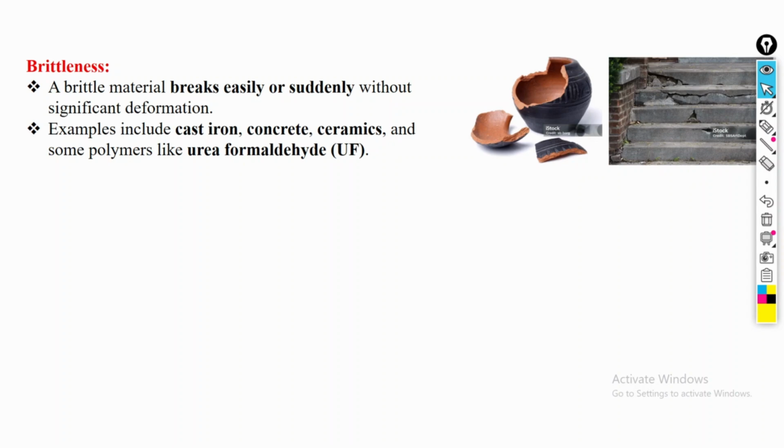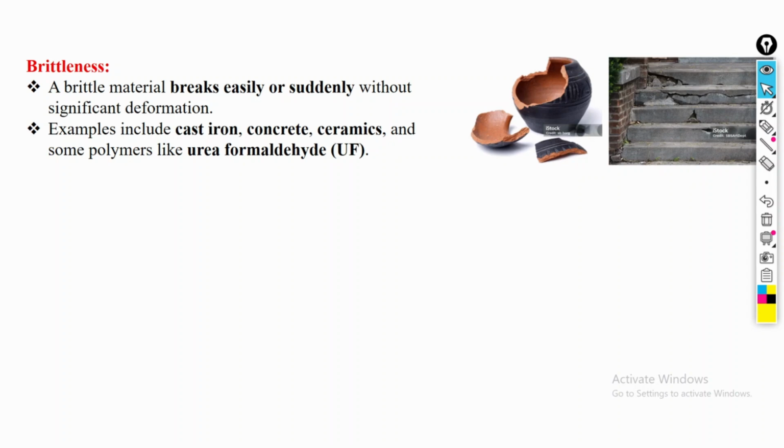Examples of brittle materials include cast iron. Cast iron is iron which contains a percentage of carbon. If we insert carbon into the iron by diffusion, then that iron becomes a hardened material, and if the material is more hard, it will be more brittle.